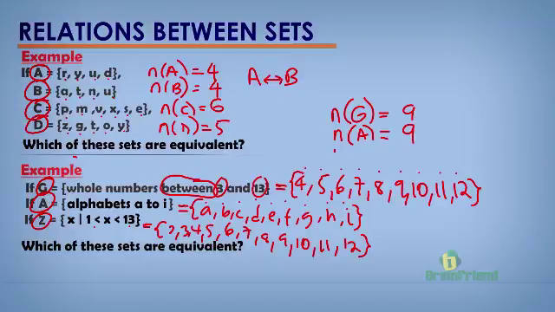And the cardinality of our set Z is 1, 2, 3, 4, 5, 6, 7, 8, 9, 10, 11. So if we notice, our set G and our set A have equal number of elements in their sets. Therefore, we say G is equivalent to A.